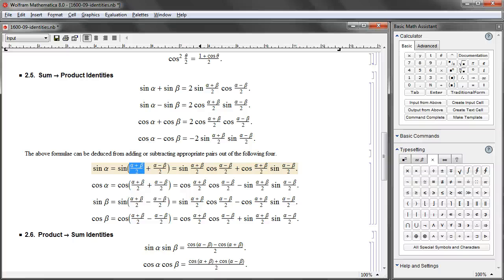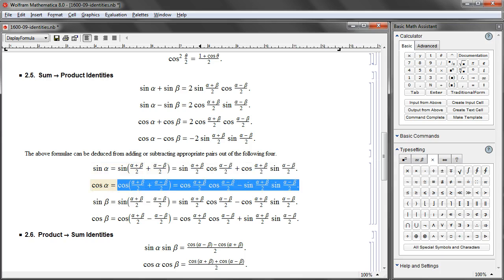This plus beta in numerator and this minus beta in numerator will cancel each other out, and then we are going to get only 2 alpha over 2, which is of course equal to alpha. Now that we decomposed alpha into the sum of these two angles, we can use the sum identity for sine, and we can use the sum identity for cosine.